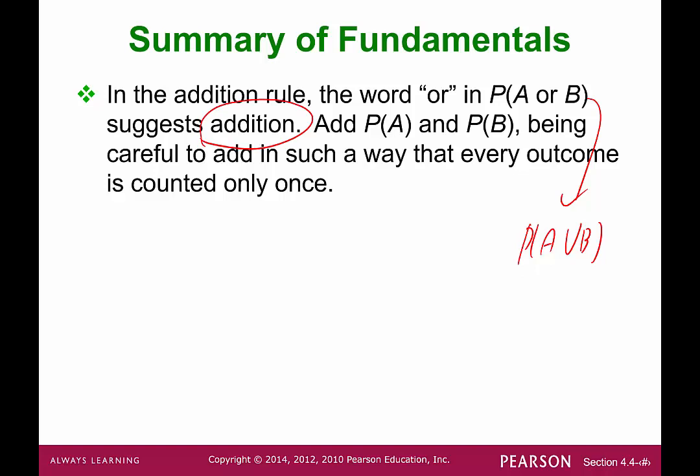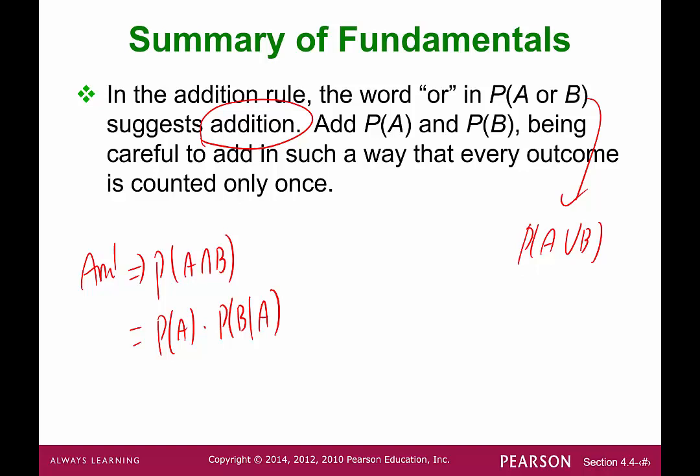Whenever you see "or" it's the addition rule, and whenever you see "and" it's the multiplication rule. And for the probability of A intersect B, we're using the multiplication rule: P(A) times the probability of B given that A occurs.